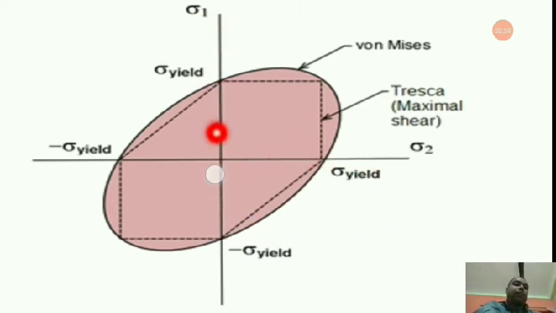Okay. So for these two principal stresses, sigma 1 and sigma 2, you have sigma yield over here and this one. These are the 2 points. For here it is here and it is here.